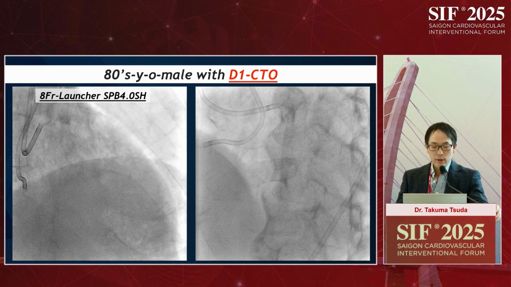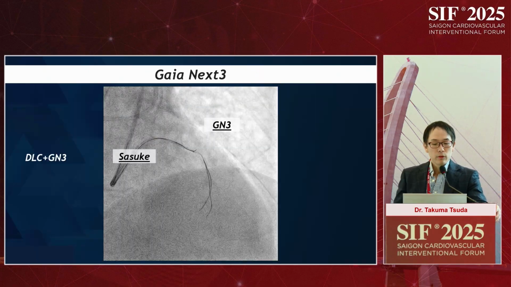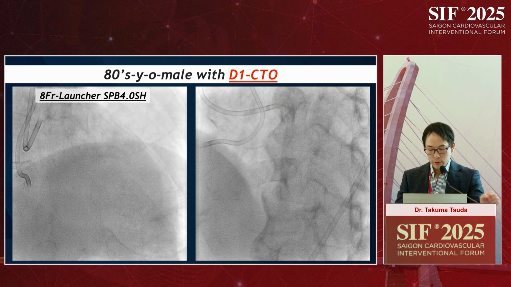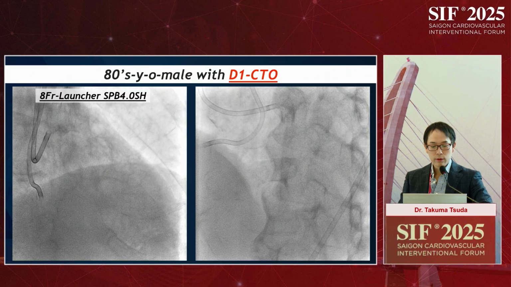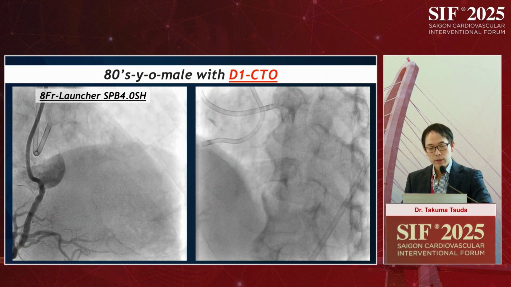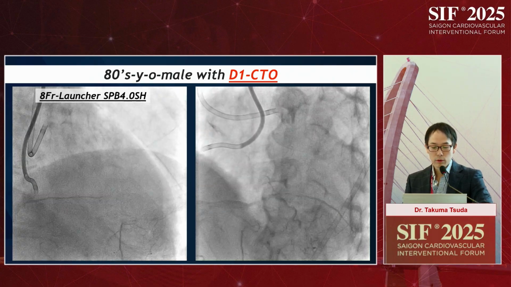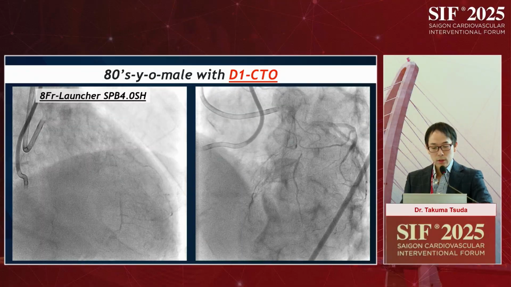So this is the final case, a little bit too short on time. This is a case with no option of retrograde, and the diagonal CTO is the target. It is very calcified and very bending, not a so big diagonal branch.